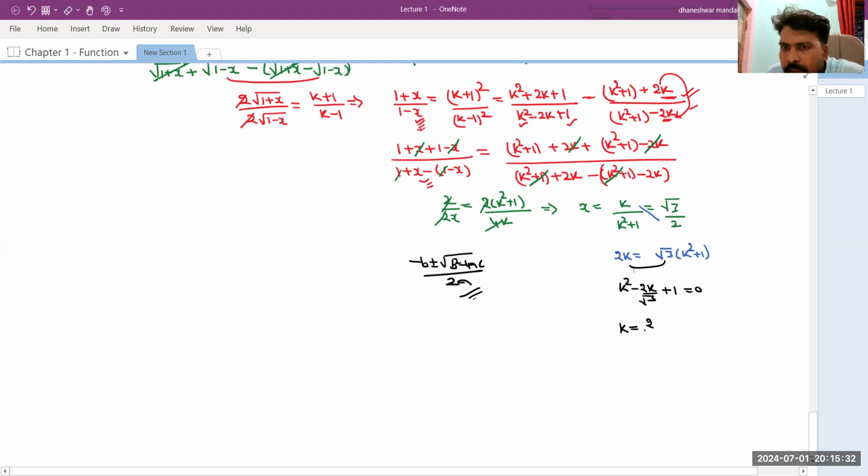And what is b? 2 divided by root 3, minus b plus minus b square, 4 by 3 minus 4c. What is b square? It is nothing but 4 by 3 is there. And here we have 4. And here we have 2 times of a. Is this correct to everyone?